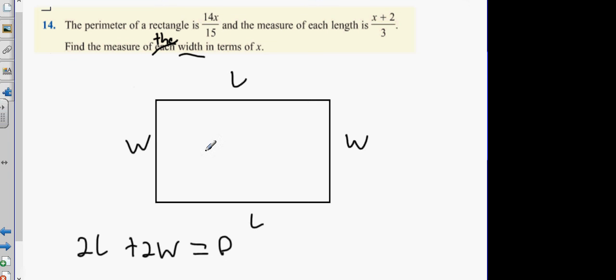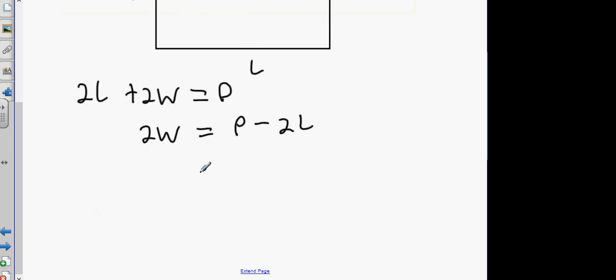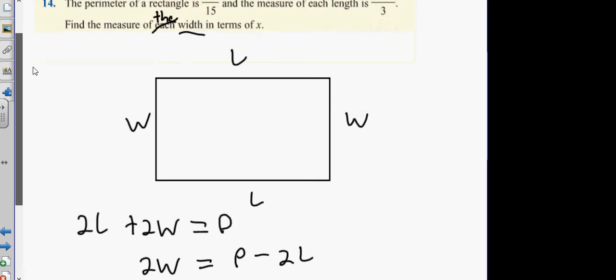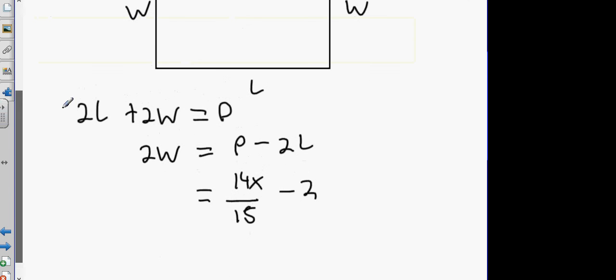The width. Okay? Now, here's how you do it. 2 times the width equals the perimeter minus 2 times the length. Sir, they give you the perimeter though. Yeah, just give me a second. The perimeter is 14x over 15. 2 times the length is 2 multiplied by x plus 2 over 3.